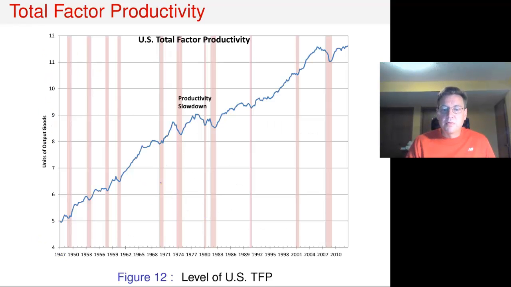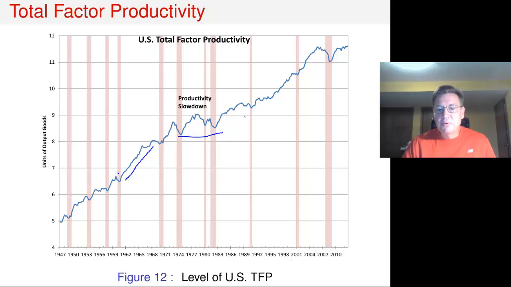So this is a chart of one measure of total factor productivity. And what you can see right away is that the 1960s, look at the slope. It's quite a steep slope, meaning that there was quite rapid growth in total factor productivity. But then in the 70s, productivity growth really stagnated.